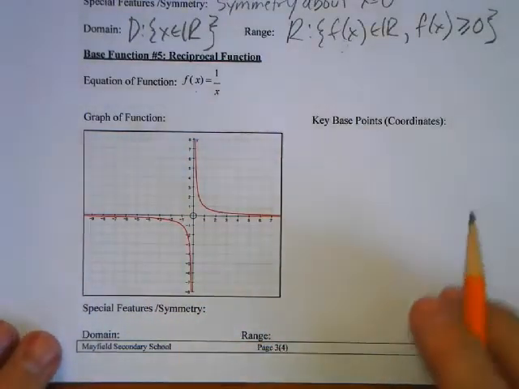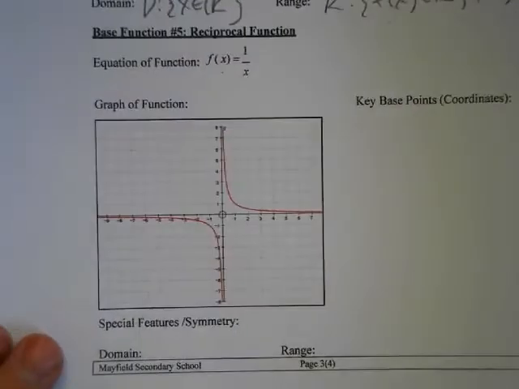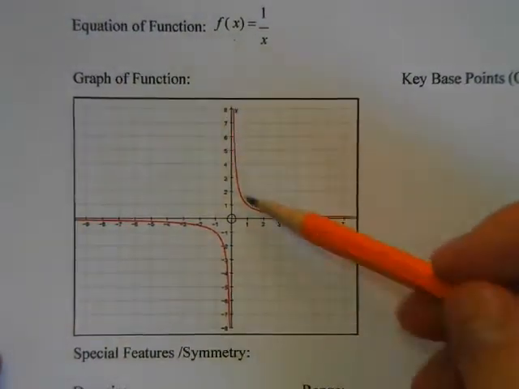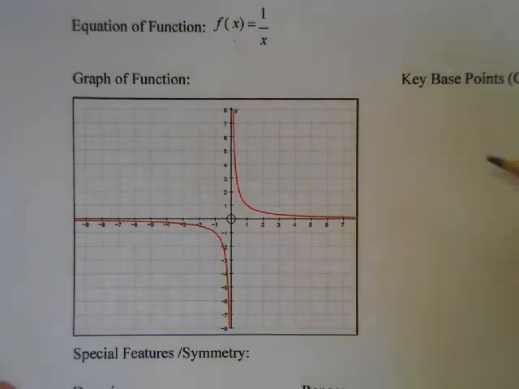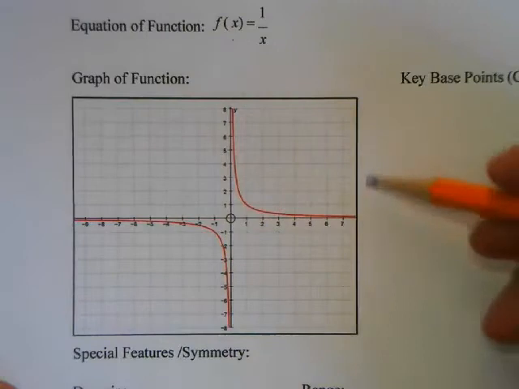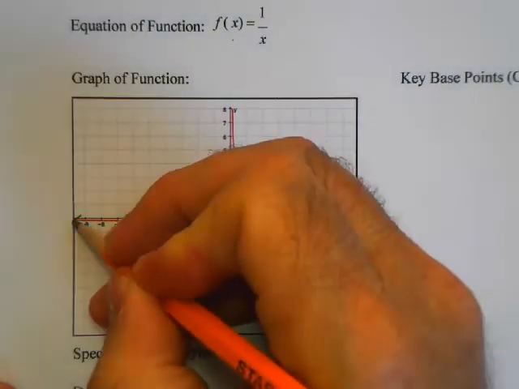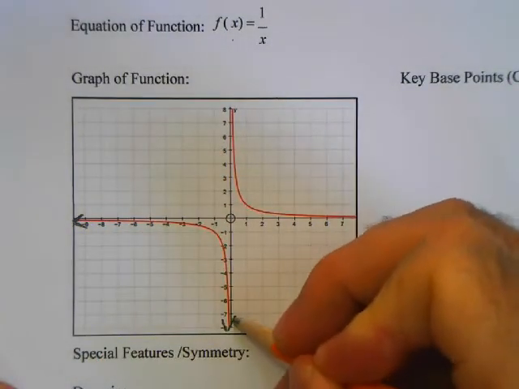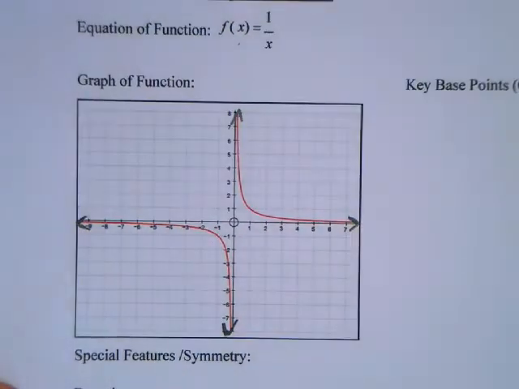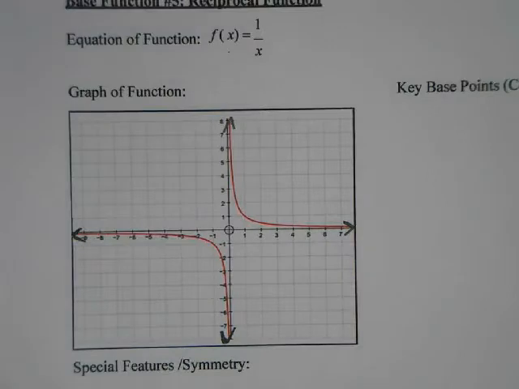So let's zoom in on this a little bit just so you get a better idea. You can actually see this is a strange looking graph because it's got 2 parts to it. We call these branches, a left branch and a right branch. Both of these branches go off forever in both directions.